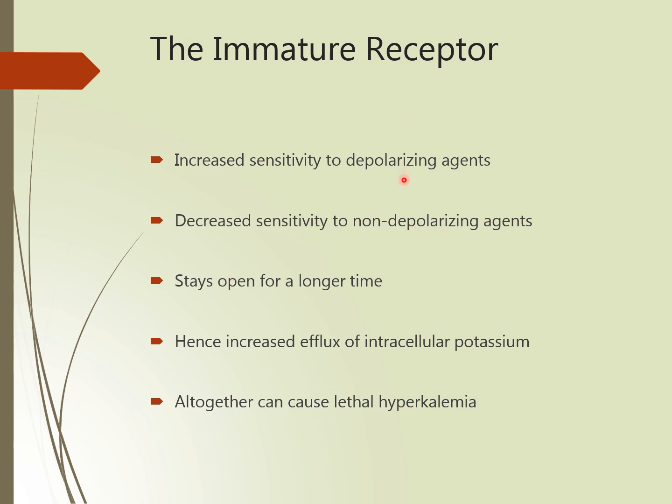Depolarizing means sodium, when it enters the muscle, causes depolarization. Sodium influx is responsible for depolarization, which we will see in the coming classes on nerve action potential. The channel stays open for a longer time, hence increased efflux of intracellular potassium occurs. Altogether, it can cause lethal hyperkalemia.